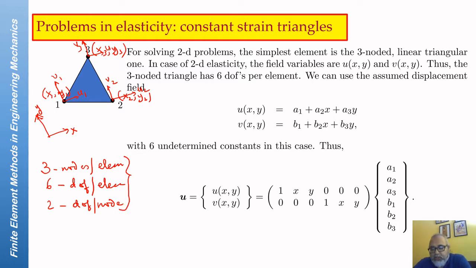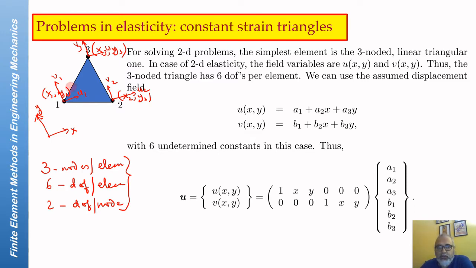Now we can use our old friend the assumed displacement method, so that we assume some kind of displacement variation inside this triangle. A priori we assume that the displacement is linear. What we mean by that is there are 6 degrees of freedom, therefore we can choose displacement variations which have 6 undetermined constants, and then we try to determine these constants just like we had done in the 1D case.